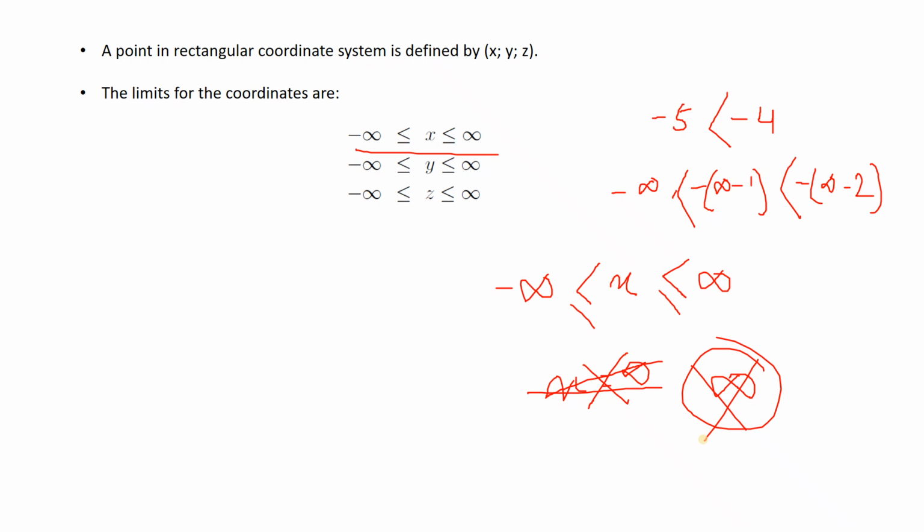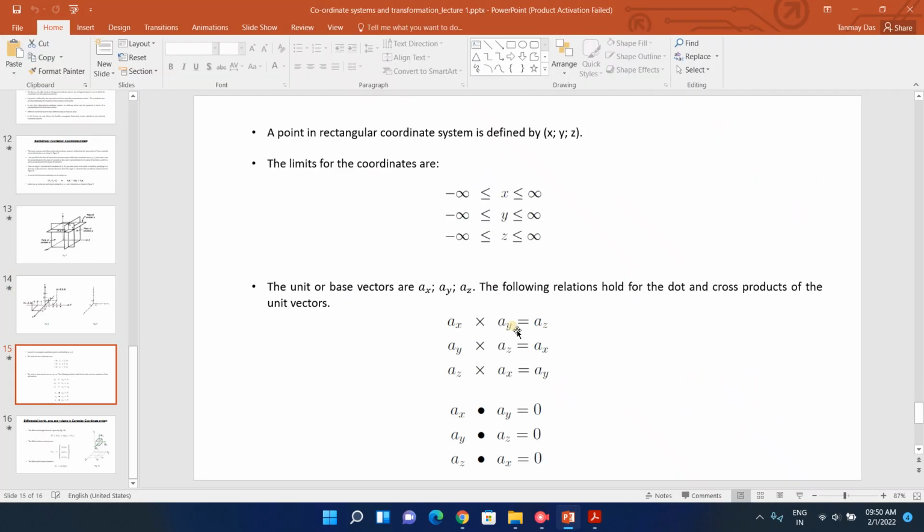But still now we don't know the limit of the universe. That is why we say it can be equal to infinity or less than infinity. This is the way of representing. Mathematically, it is always written like this: equals to and greater, equals to and less than, always. So plus infinity is always less than or equal to, and minus infinity is always greater than or equal to.